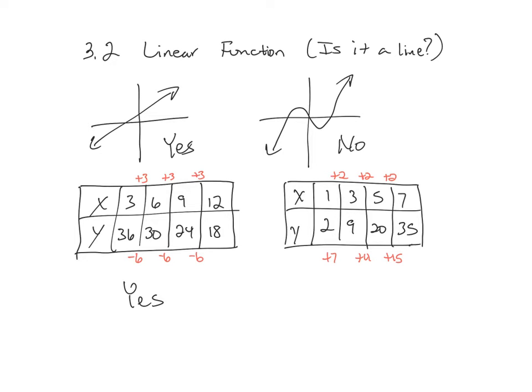On the second one, it's no, because the x's do go up by the same number, but the y's go up by different numbers. There's a pattern to it. 7, 11, 15, those all go up by 4, but that doesn't make it a line, it makes it a different shape.